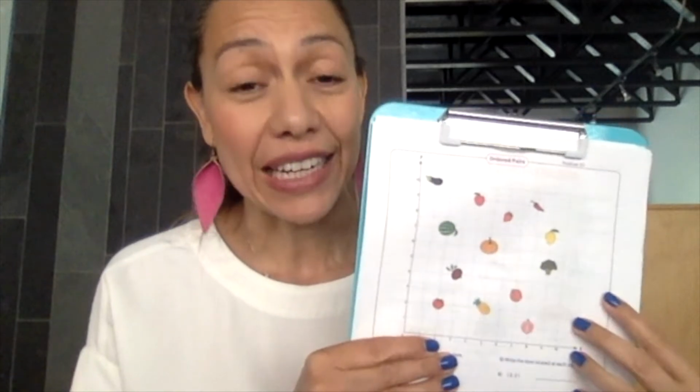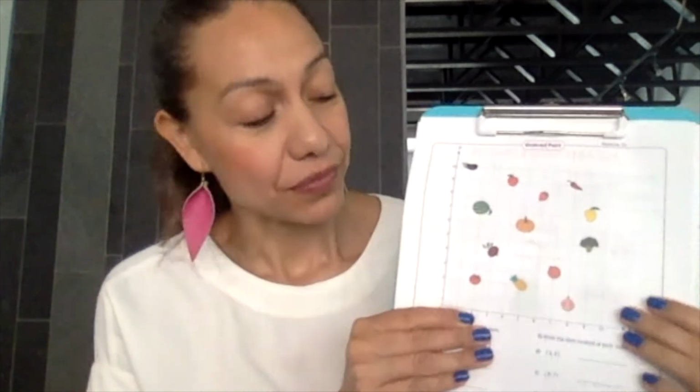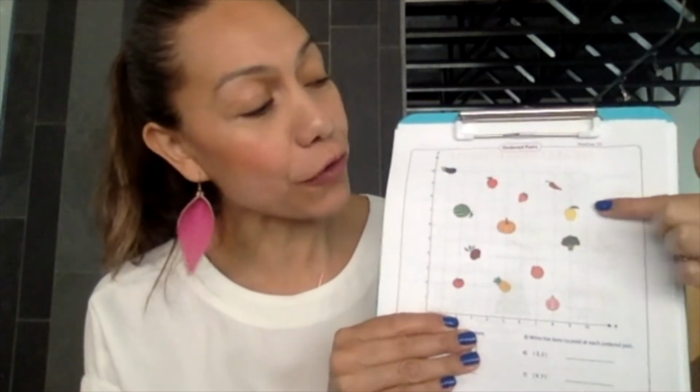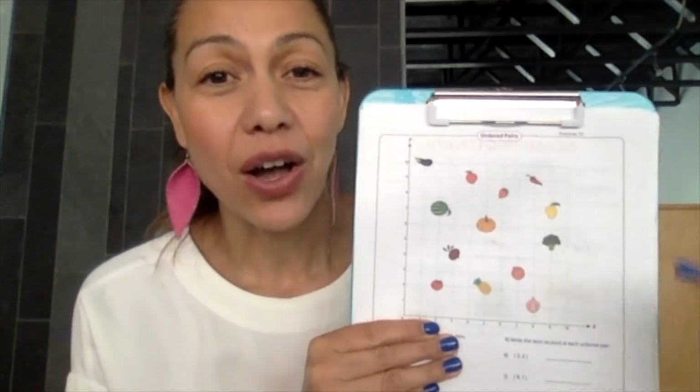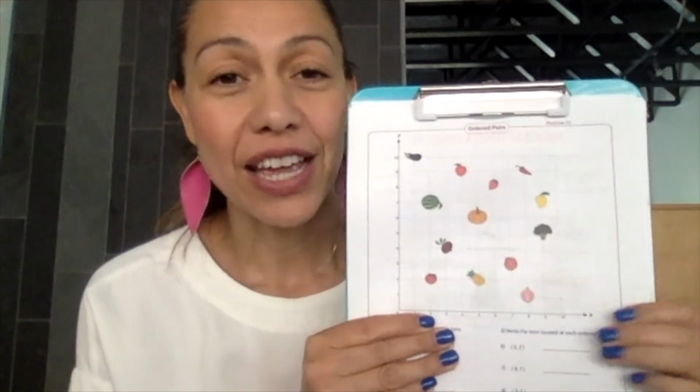It is a coordinate plane. And what that is, if you can see these fruits and these veggies on it, it helps us to locate specific things on this plot. So if I wanted to know where that broccoli was, well, we need to learn about the ordered pairs and how we can locate the broccoli on this coordinate plane.